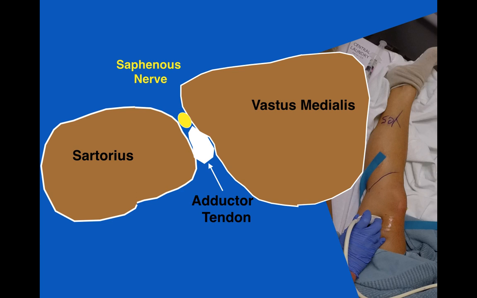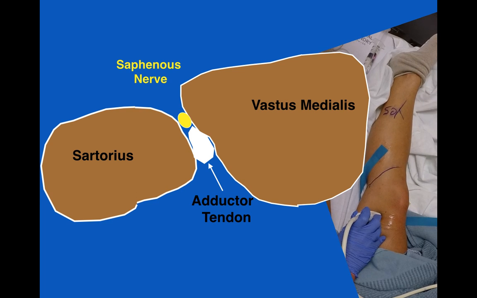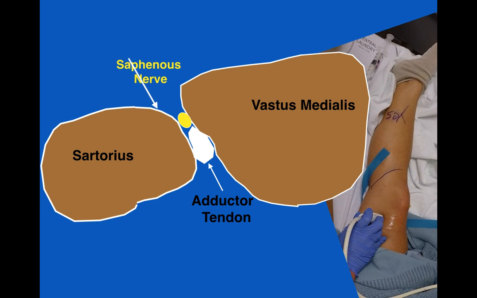In addition, it may be difficult to distinguish whether injection is occurring within the investing fascia of the sartorius muscle, or within the investing fascia of the vastus medialis muscle, or actually in the correct tissue plane between these two muscles as shown in the diagram.